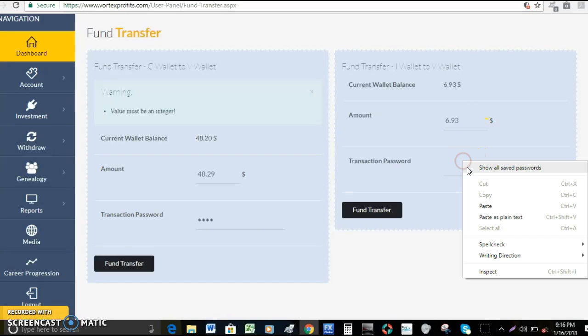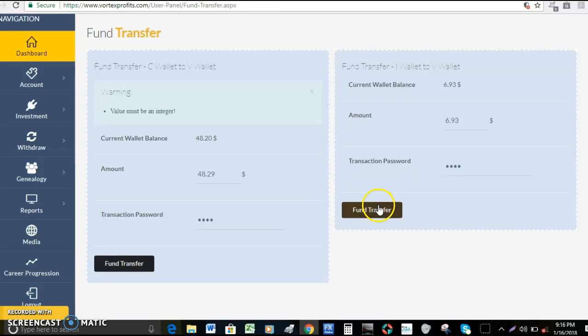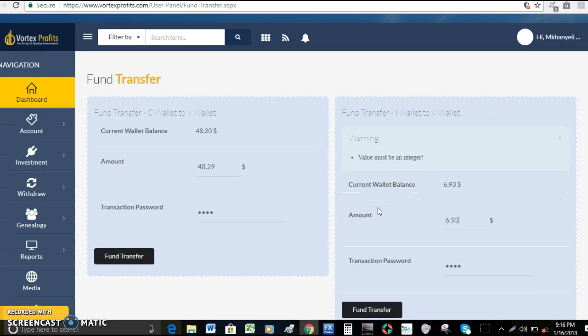I put the transaction password and transfer funds. Okay, so it needs a full value, which is fine. So transfer funds. I'm new to this system also.